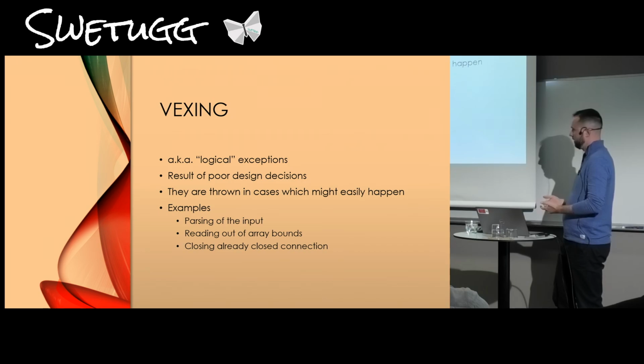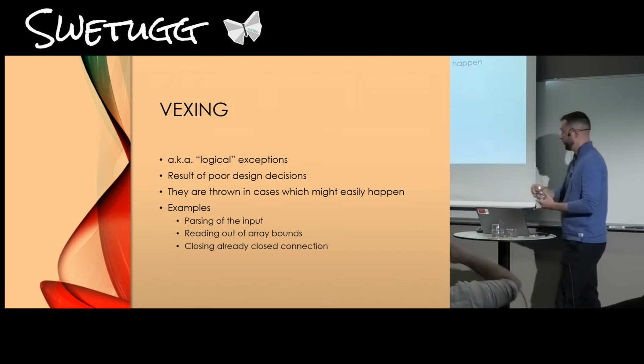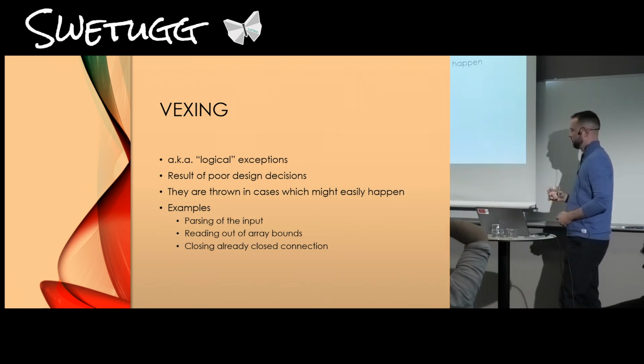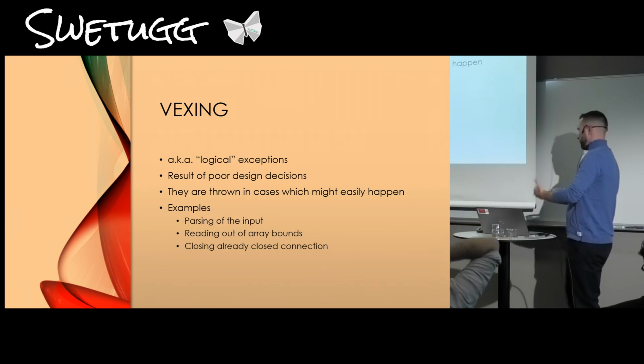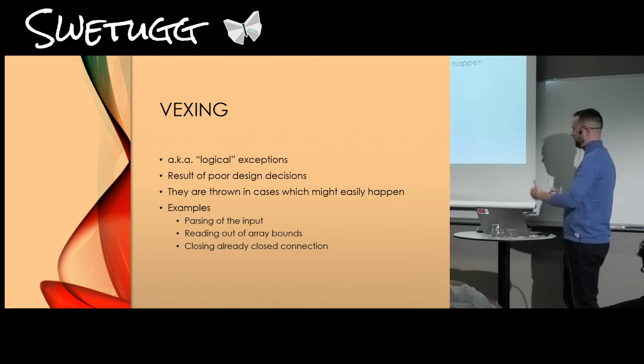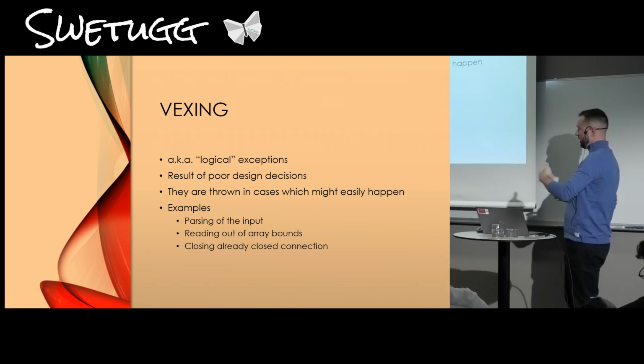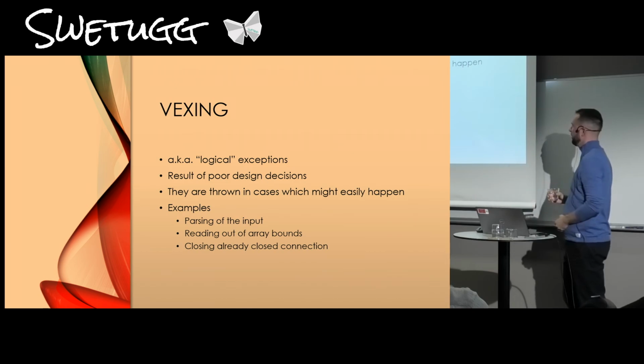But it's basically a poor design decision because you could check whether it's possible to parse it, because there is the alternative to the integer parse method. It's called try parse. So you should first check whether it's possible to parse it, and if not, you do something. But you should not do it that way, that you parse, and if you got the exception, you try to catch it.